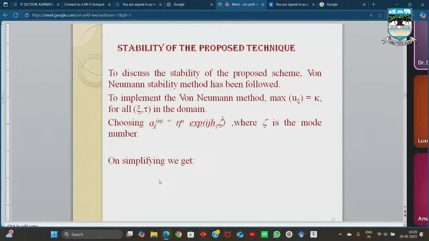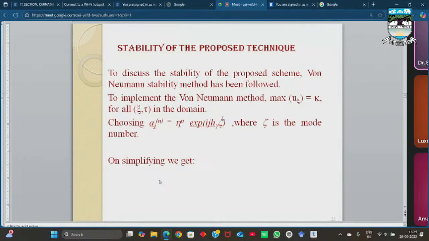Now, if we take u^δ ∂u/∂x as κ, we have applied this technique on the Burgers equation for δ equals 1. So, when we applied it on Burgers' equation for δ equals 1 with no source term, the maximum of ∂u/∂x is κ.